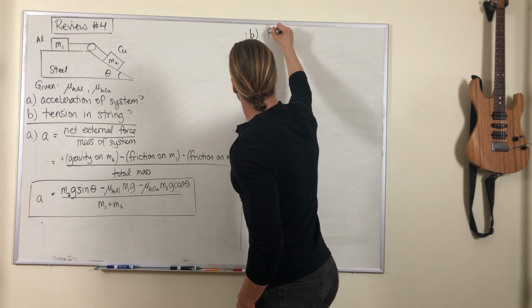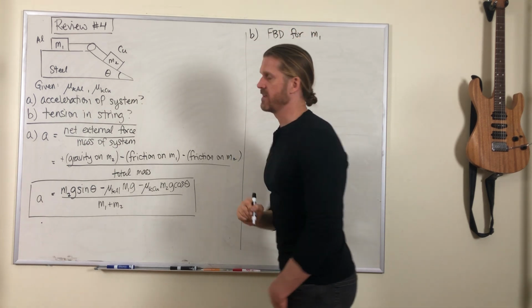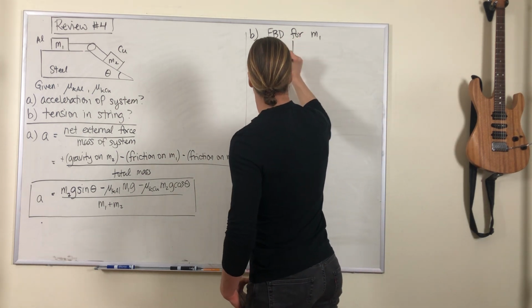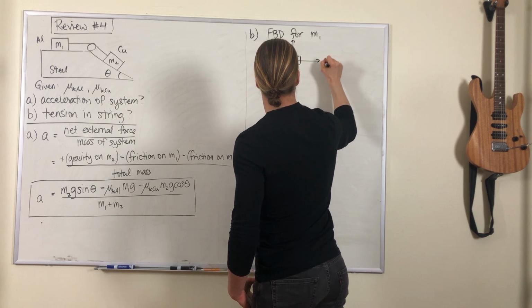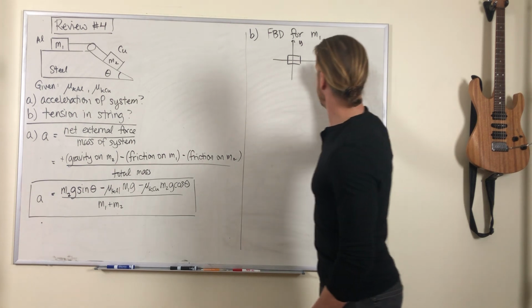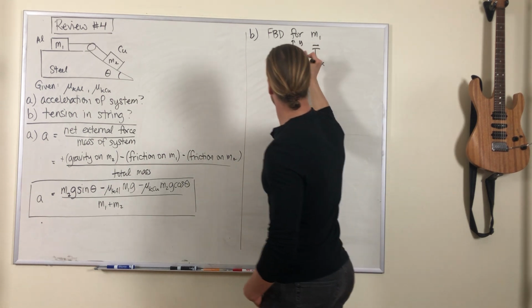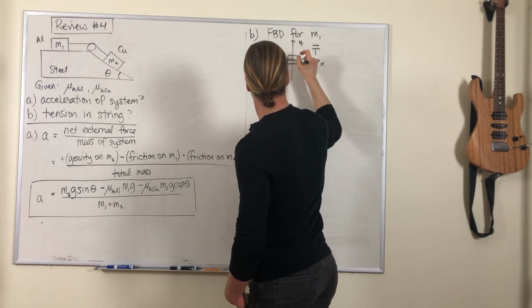So let's draw a free body diagram for M1. M1 is now our entire system in part B. M1 is experiencing this tension force to the right. It's experiencing a friction force to the left.